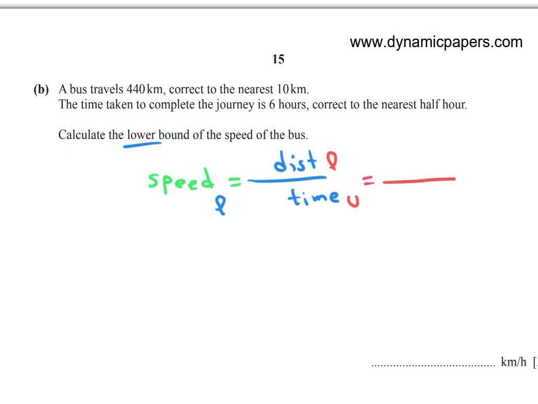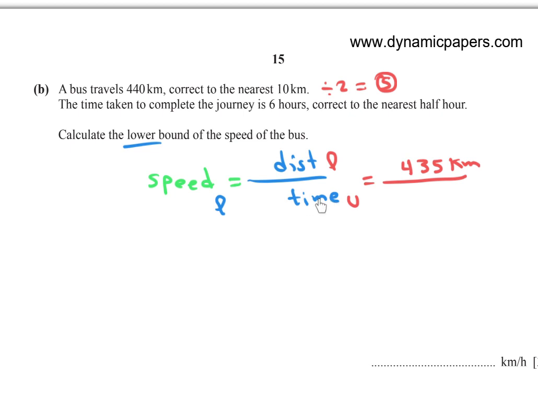For distance lower, distance is 440 to the nearest 10. Nearest 10 divided by 2, so this is 5. If I need the least value or lower bound, subtract: 440 minus 5, so 435 kilometers.